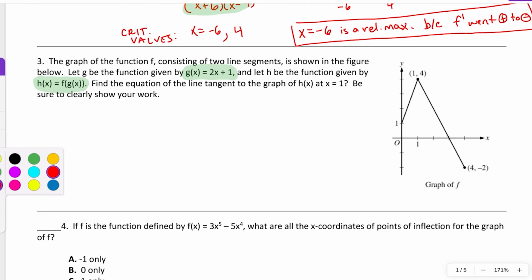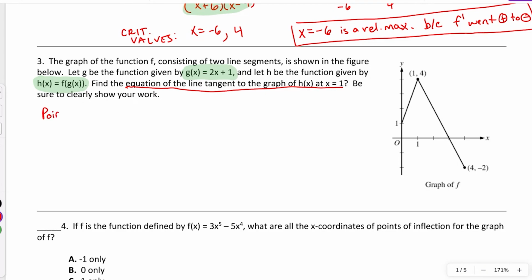Okay, we've done so many of these that you should be able to almost put yourself on autopilot to answer this one. To find the equation of a tangent line, we need a point, we need a slope, and then we'll put both the point and the slope into our point-slope form of a linear equation, y minus y1 equals m times x minus x1.